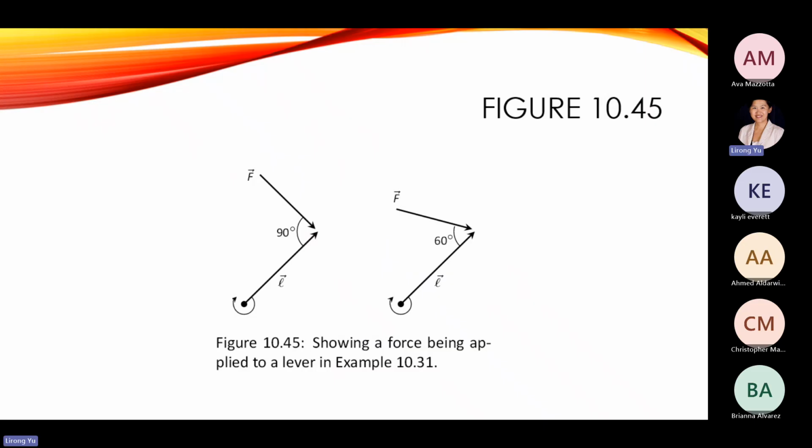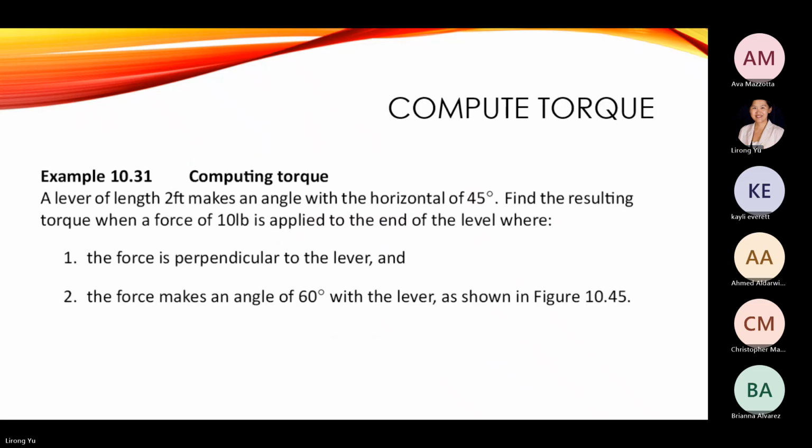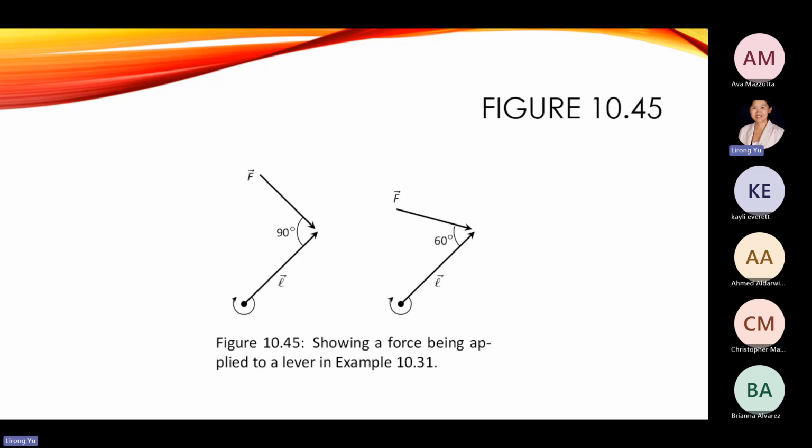So we're going to calculate the torque. Torque is a vector that's perpendicular to L and F. Because it's a cross product, we're going to calculate it this way. It's easier to move the F over here. We were supposed to do F cross L, but with L cross F, that's how we define it.